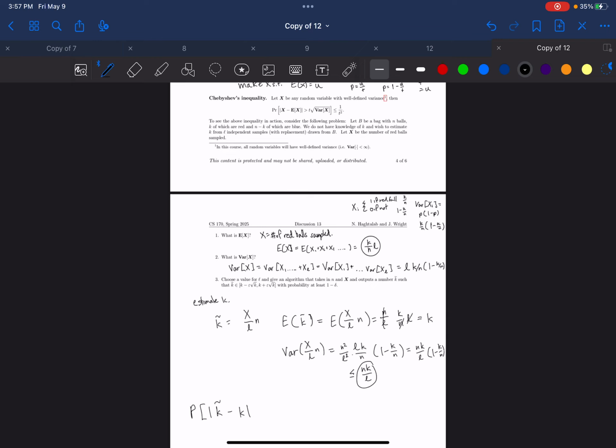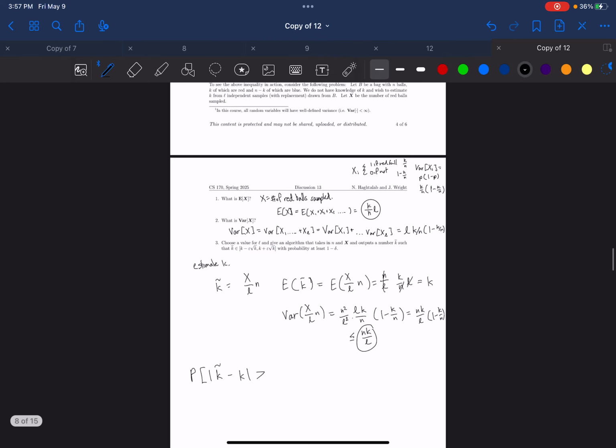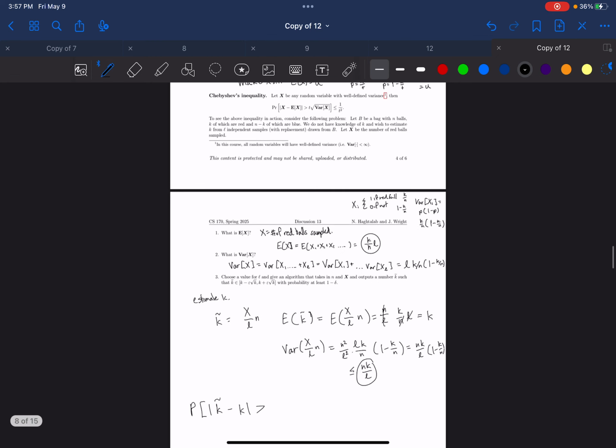So in this case, we're calculating the probability that we deviate from our true mean, so that's K tilde minus K. The chance that this deviates in the amount we're allowed to let it deviate by, that's going to be this greater than sign. We are given it as epsilon root K, right?